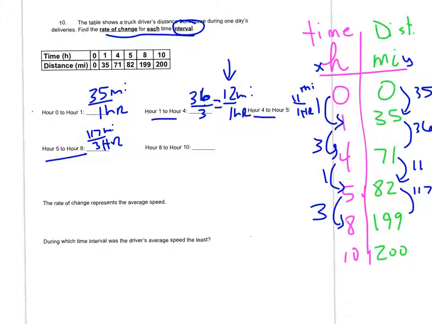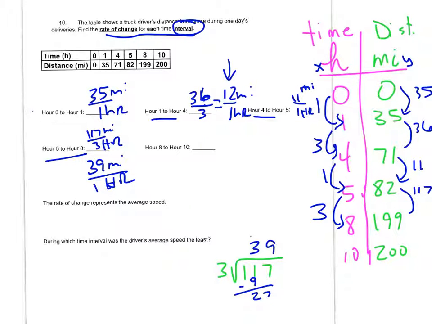And what I'm going to do is take that 117 and divide it by 3. 3 goes into 11 3 times, that's 9. Subtract, you get 2, bring down that 7. So 3 times 9 is 27, so that's 39. So now this is going to reduce to 39 miles in 1 hour.